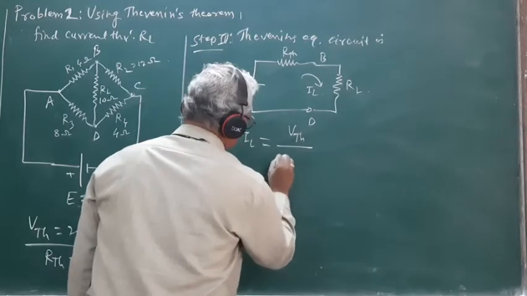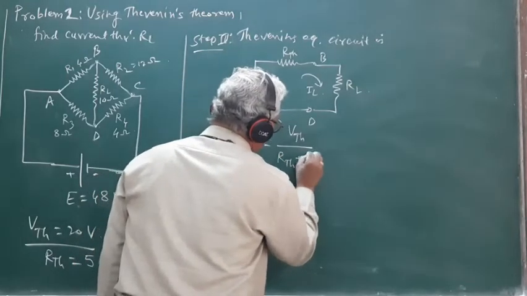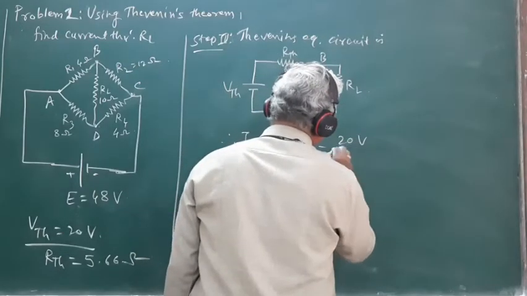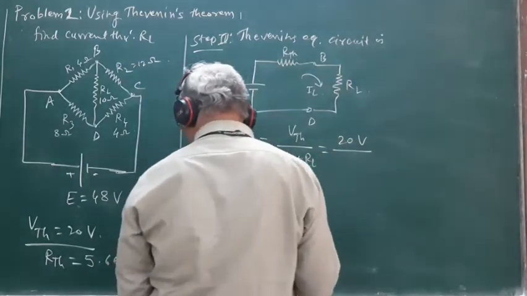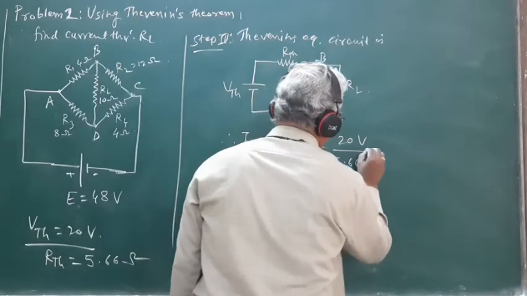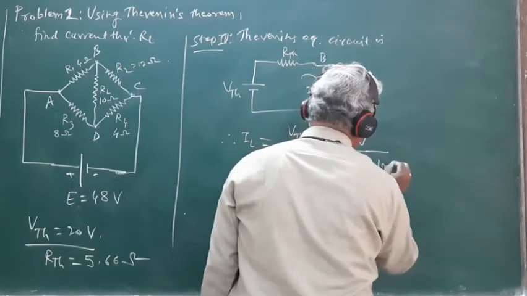So the load current IL becomes equal to VTH divided by RTH plus RL. So VTH is 20 volt divided by RTH, 5.66 ohm, plus RL, 10 ohm.